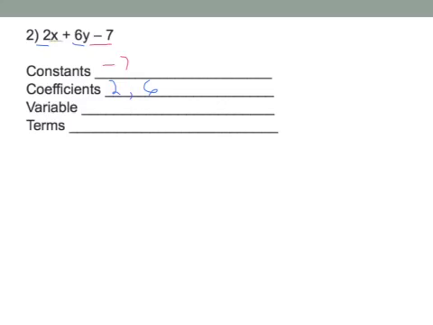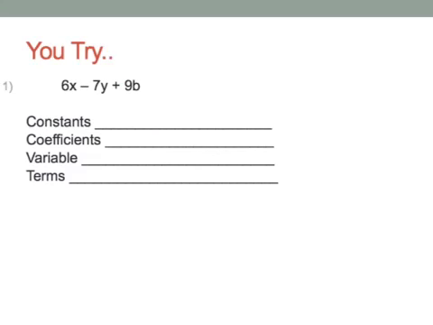So we have an x, we have a y, and the terms. Always one more term than there are signs. So we have 2 signs, so that means we have 3 terms. And the 3 terms would be 2x, 6y, and -7.